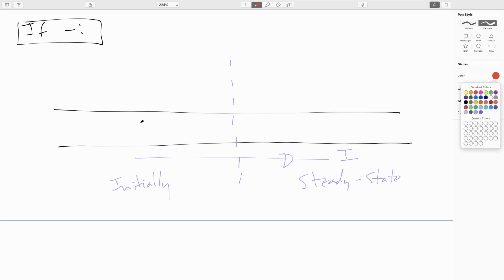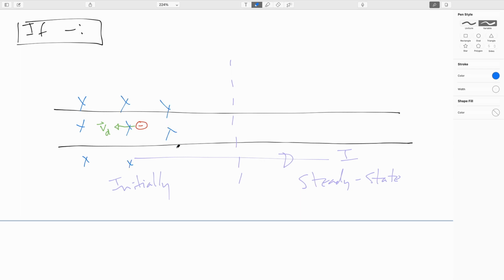Now, if I have negatively charged charge carriers, which way is their drift velocity going to point? Yeah. Remember, conventional current goes opposite the direction of negative charge flow, so the drift velocity would be to the left. So again, we will imagine that we have a magnetic field going into the screen here, like so.